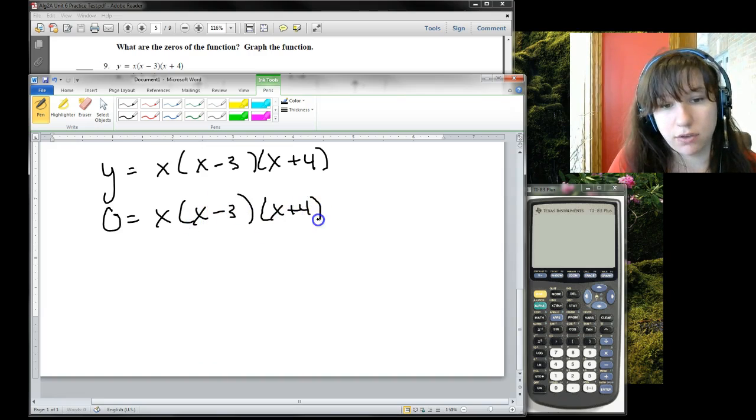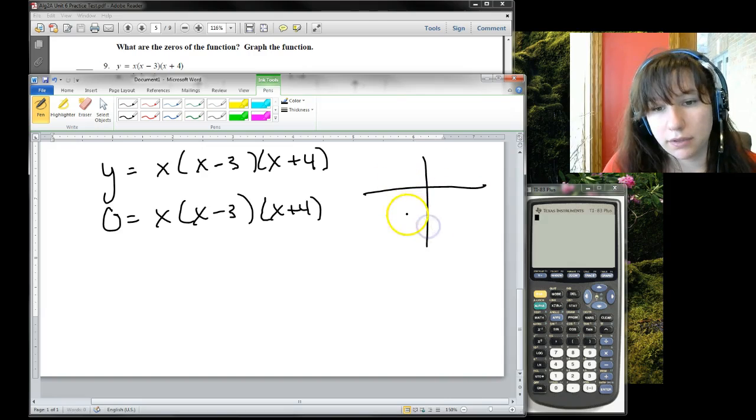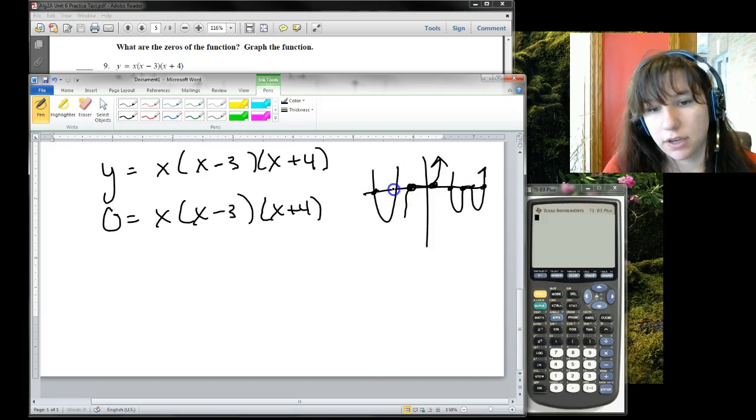Okay, and then when you're looking at the graph, those are the points where you're crossing your x-axis. So it might be here, here, and here. Wherever you're crossing your x-axis, those again are the zeros.